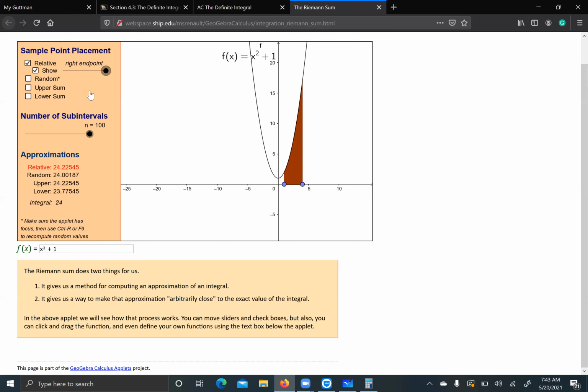Recall that when you deal with n equal 100 or 50, none of them is the exact value. There is always an error, but what matters is that we are controlling that error by increasing the number of subintervals. We are making sure that the error is small enough. Whether we are overestimating or underestimating, it doesn't matter. What matters is that the error is small, and that makes the estimation a good estimation.